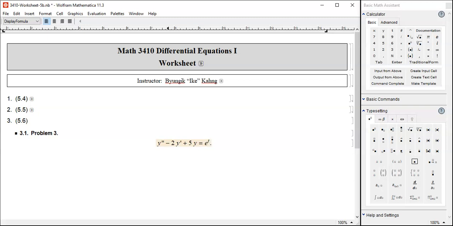And we have to find a particular solution, isn't it? Yes, but the general solution of the homogeneous equation is not given here, so it looks like you have to find that one first.